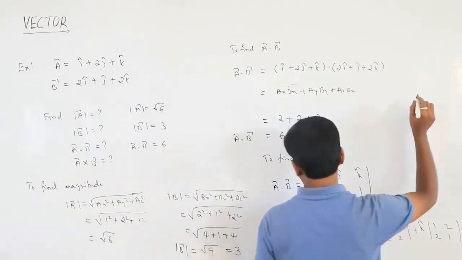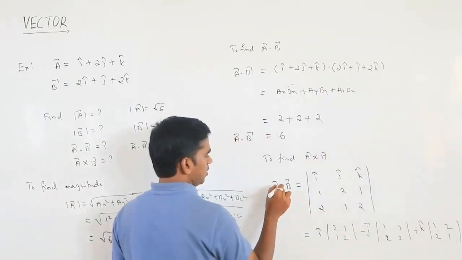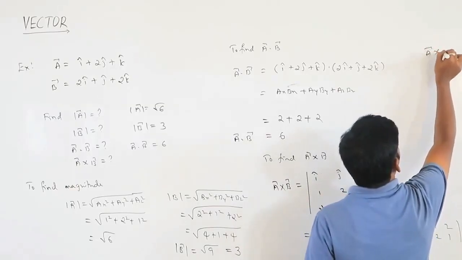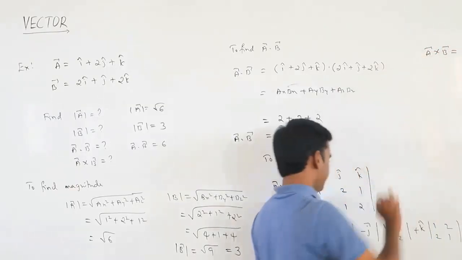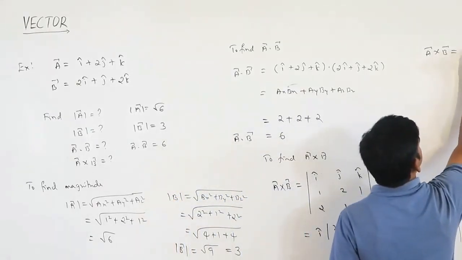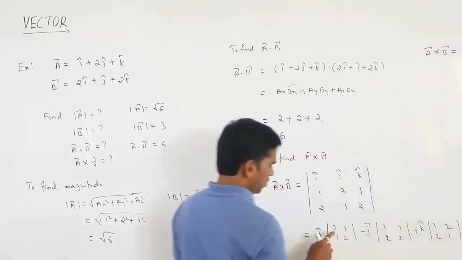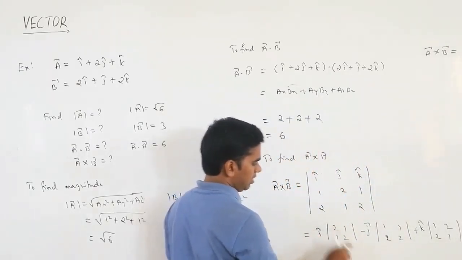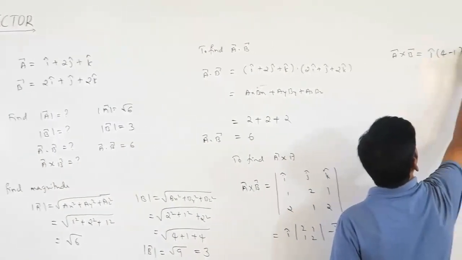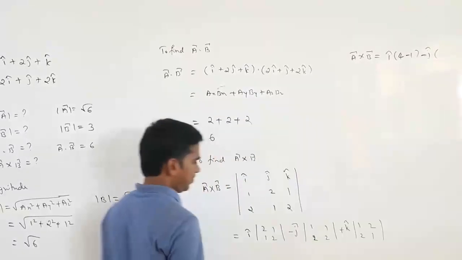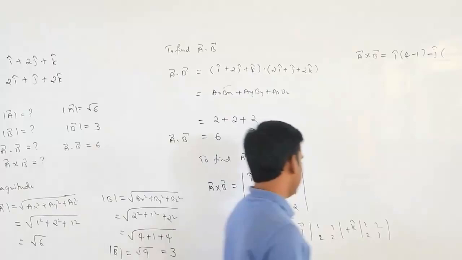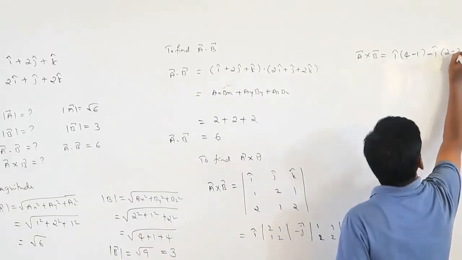So A cross B, vector A cross vector B equals I cap as it is, multiplied: 2 into 2 is 4, minus 1 into 1 is 1, so 4 minus 1. Minus j cap: 2 into 1 is 2, minus 2 into 1 is 2, so 2 minus 2.